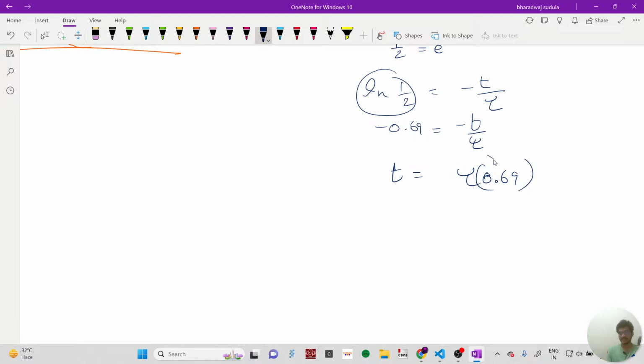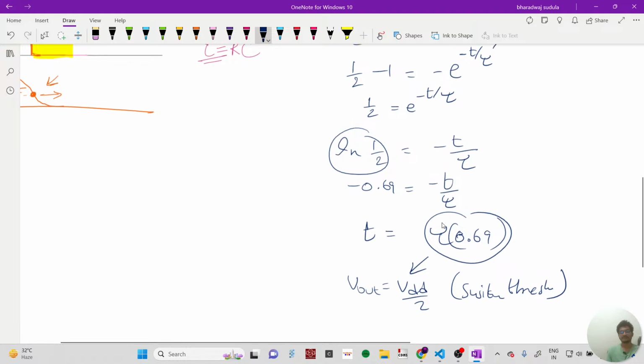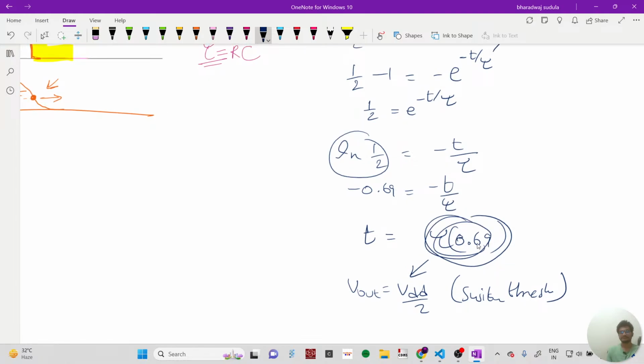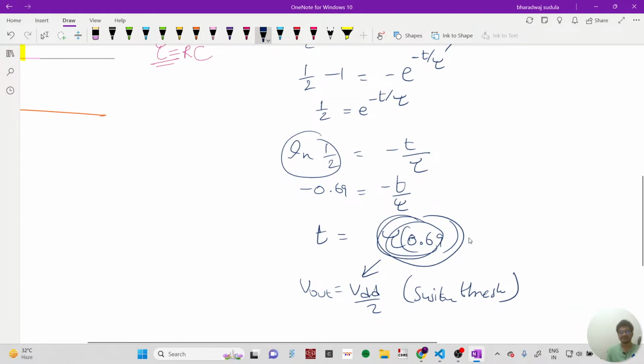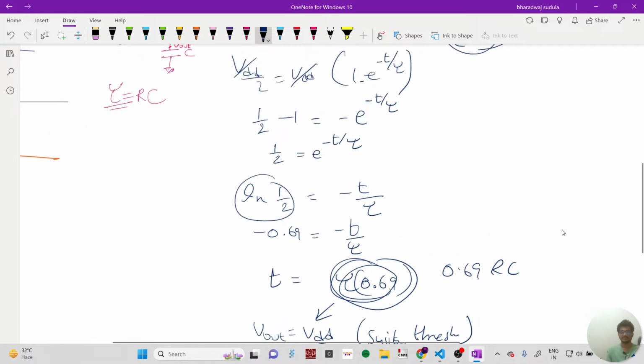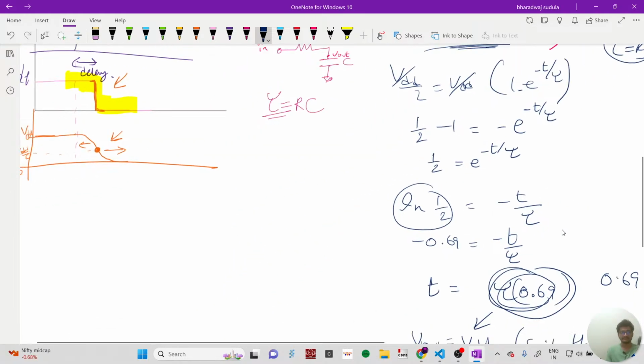This is the time at which the output voltage is VDD by 2, that is the switching threshold voltage. So 0.69 is a constant and tau is RC, so 0.69 RC. Clear, right? These are the basics.